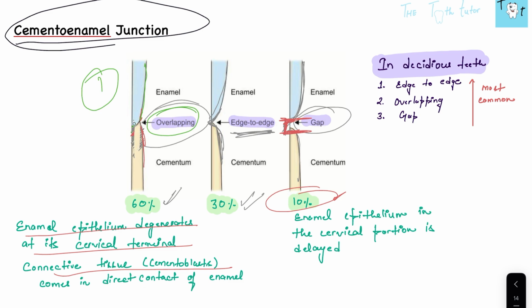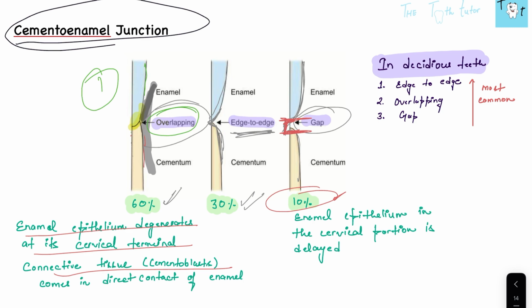So it is saying that the outer enamel epithelium maybe got degenerated in this region, and then our enamel came in contact with the outside, that was the dental sac and all the tissue. That differentiated into cementoblasts and started laying cementum over here. So that's what happened in the first type, the 60% overlapping junction.